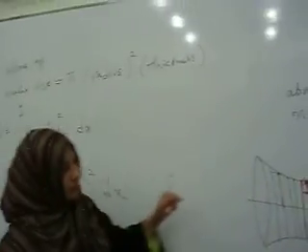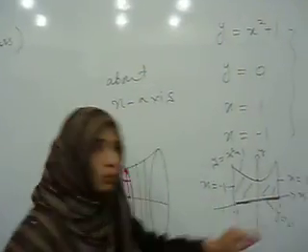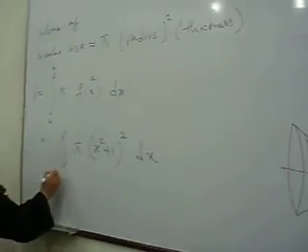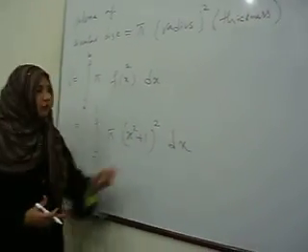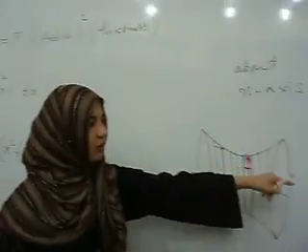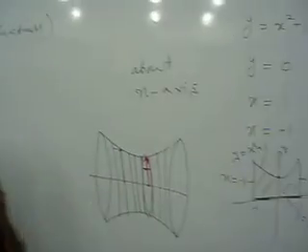From A to B, so in our current example, from -1 to 1. The result of this particular integration will give me the volume of that particular solid of revolution, which is generated by revolving this bounded region about the x-axis.